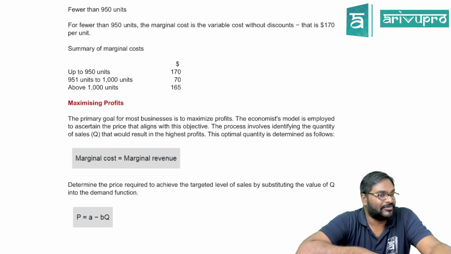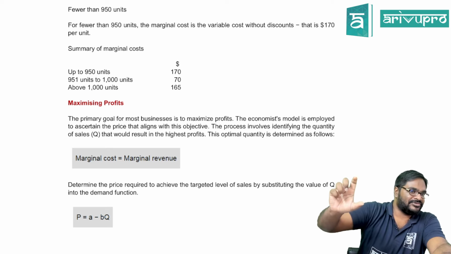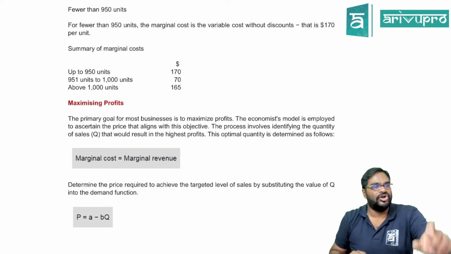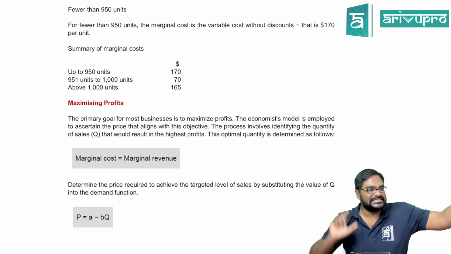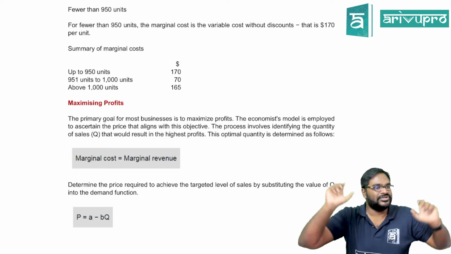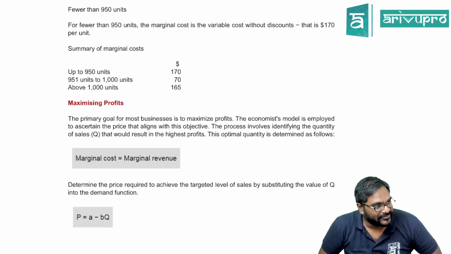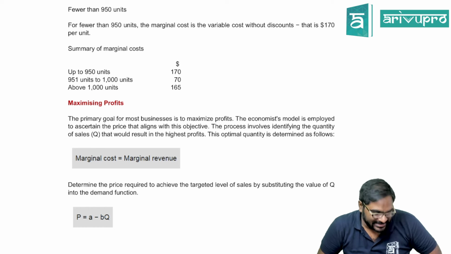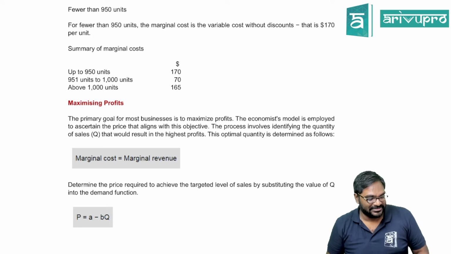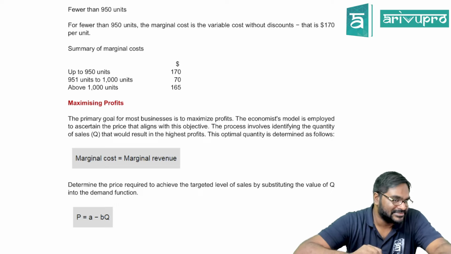So we have to find the optimal level, the maximum level. The maximum level would be the point at which your marginal revenue is equal to your marginal cost. Your MR is equal to MC. Something like BEP, yes. Are we good? Everyone is clear with that? Right.